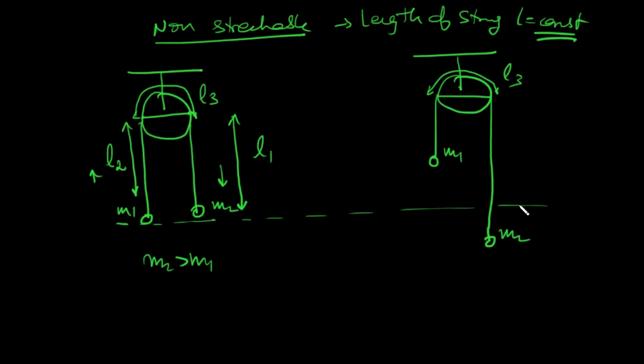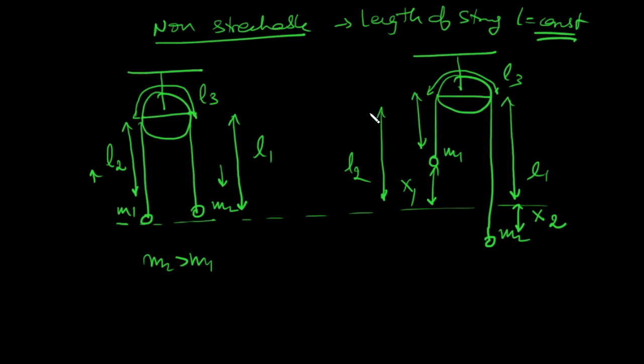Now I suppose that mass M2 has displaced by x2 and mass M1 has displaced by x1. So this is L1, and since this was L2 and it has gone up, it would be L2 minus x1. Now what is the length of string in this position? It is L1 plus L2 plus L3 equal to L. What is the length of string here?